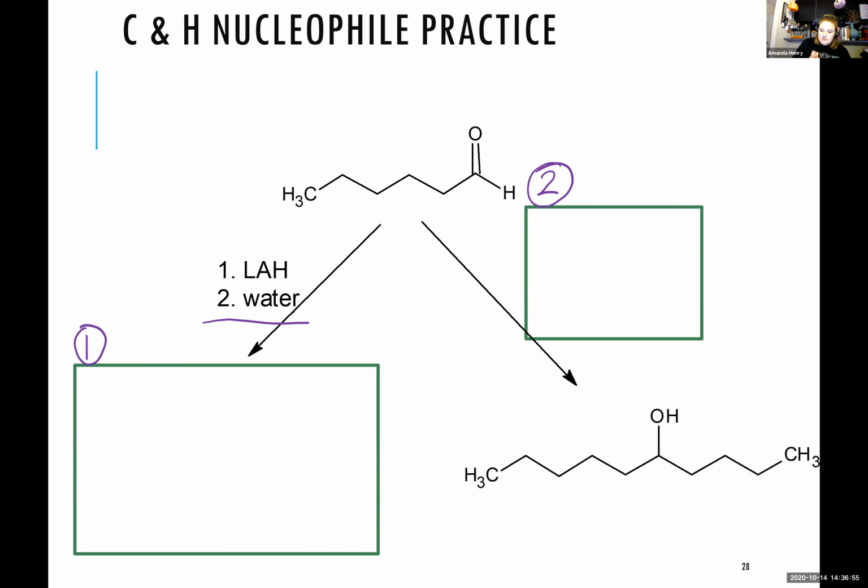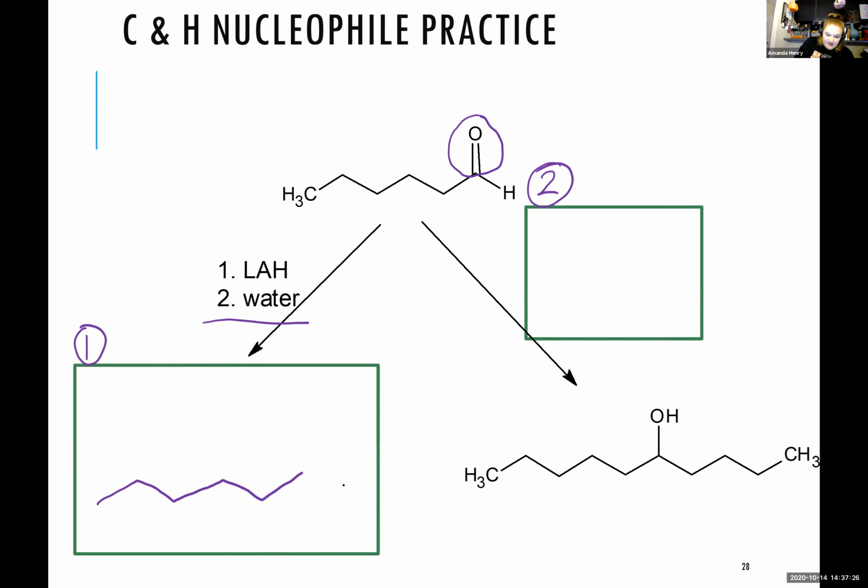What is our product going to be? Like, what is our functional group going to be when we take our aldehyde and react it with lithium aluminum hydride? Primary alcohol? Yeah, exactly. So the carbonyl on our aldehyde is going to get reduced down to an alcohol. So here's my carbon chain.